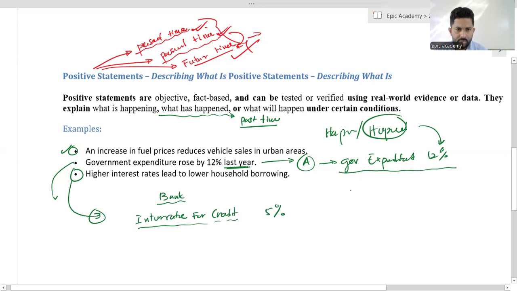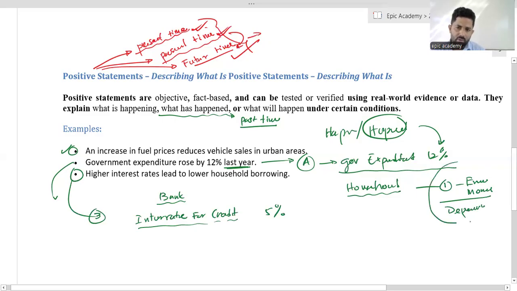Then consumers or households. So what do you mean by household? Household means one person earns money from the house, and others are depending on that income. So something like that situation, we call it a household. Okay, simple household.